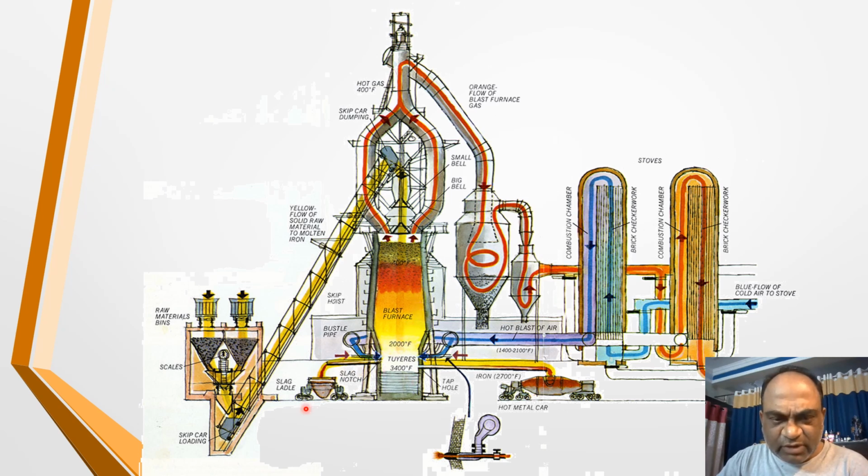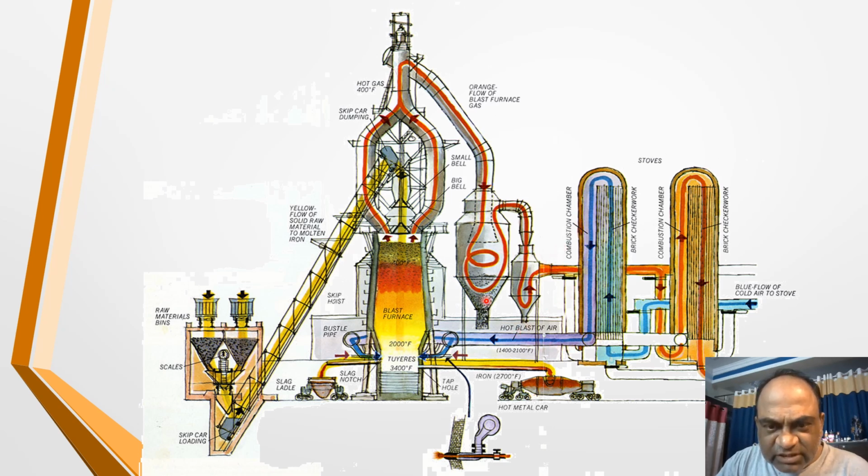At the same time, you have got tuyeres to keep the hot air blast going into the blast furnace from the bottom, to keep this material hanging in the air. And these are the stoves for the generation of the hot air, and that goes to the tuyeres from here.